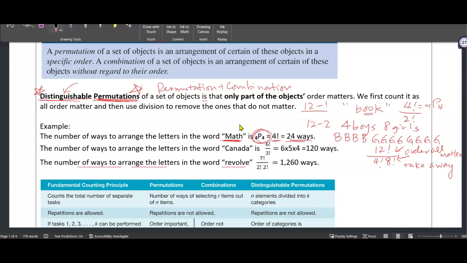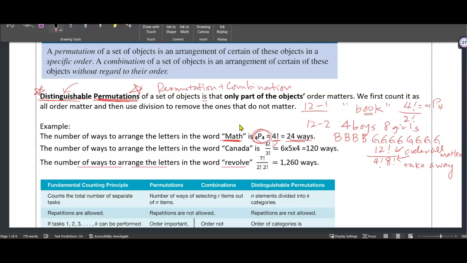The second example, however, has 3 A's repeating. So this is a distinguishable permutation because we treat them as all order matters first by doing 6 factorial, which is the same as 6P6, 6 permute 6.